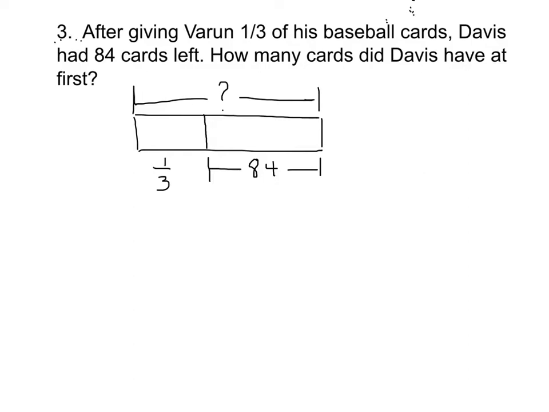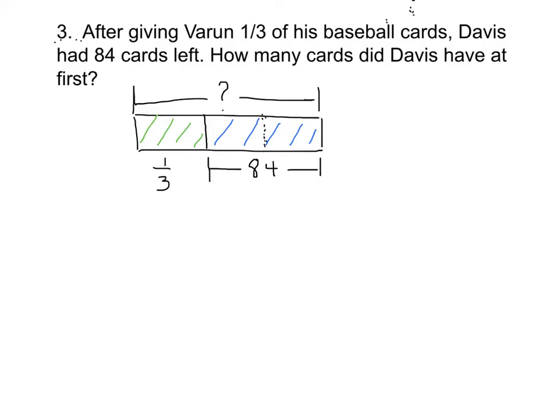Well, I know that if this part is 1/3 of the whole, then this part must be 2/3, because I know that 3/3 makes the whole. So I will take that 2/3, and I can even think of splitting it into 1/3 and 1/3.